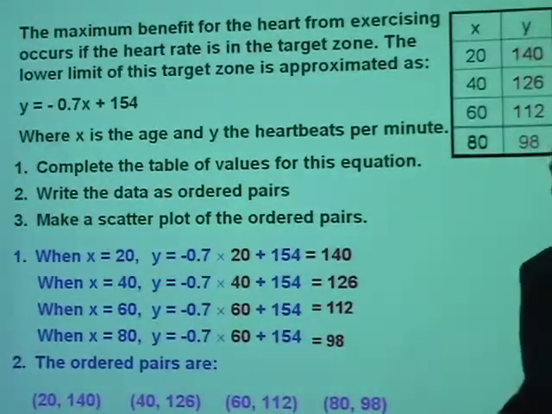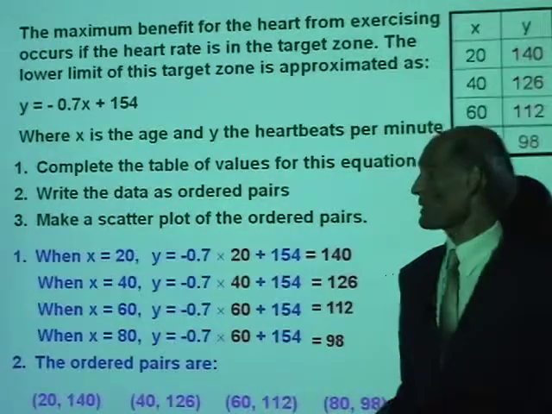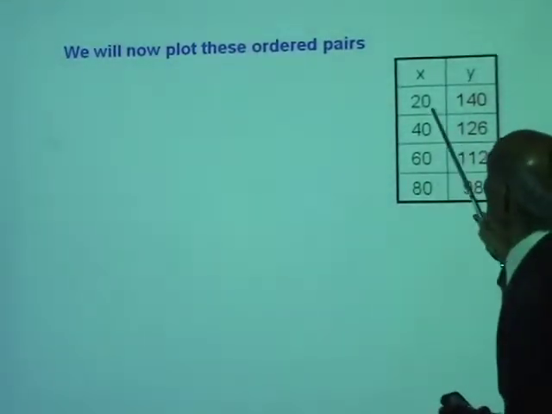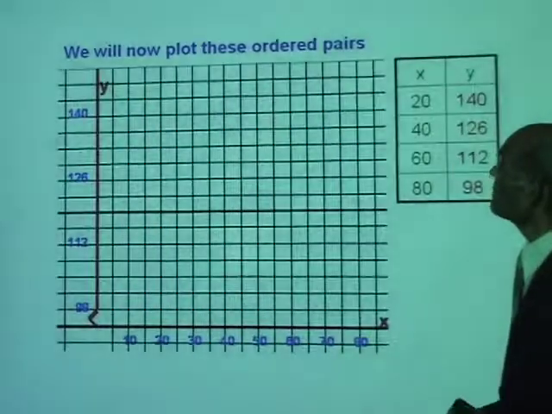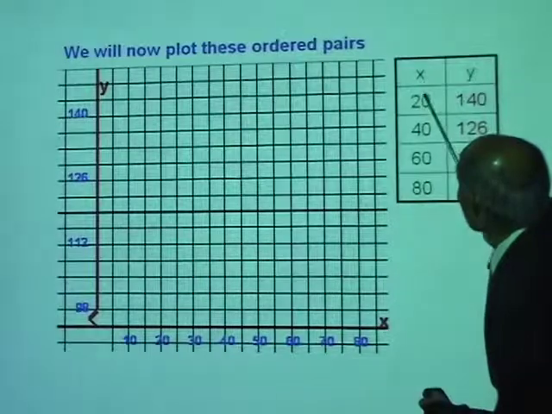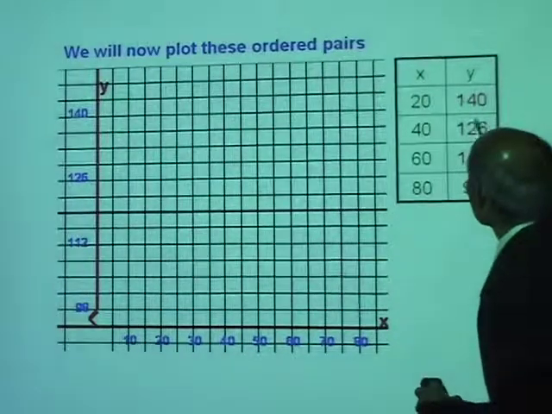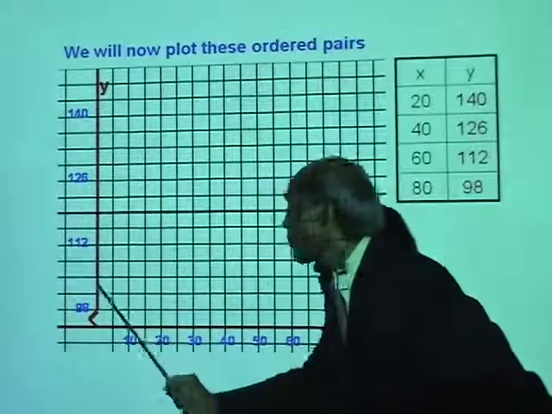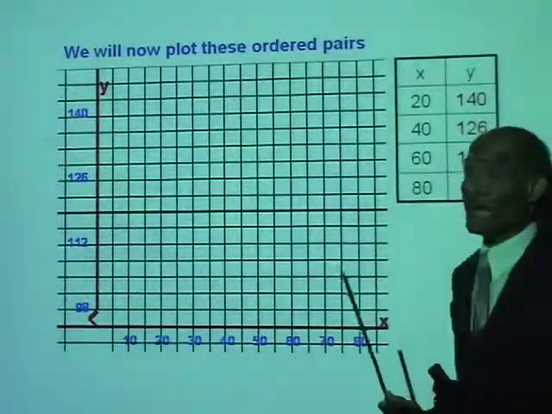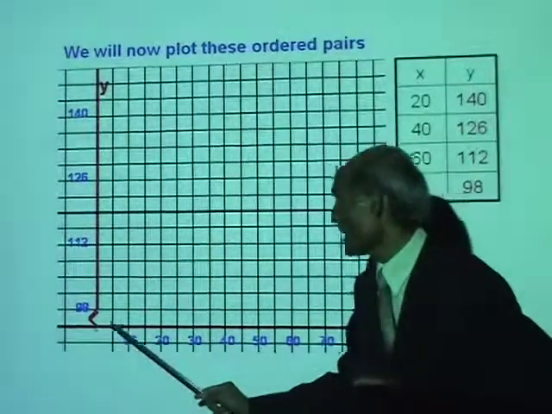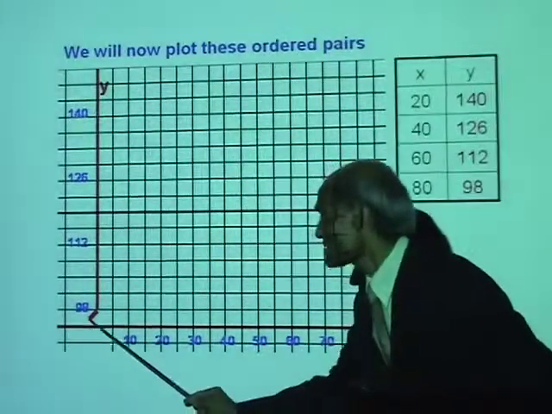Make a scatter plot. Draw a picture. Right? Alright. For that, let's carry our ordered pairs. And to do a graph, because I have only positive values of x and positive values of y, I have taken the first quadrant, and in place of just numbers 1, 2, 3 up to 10, look at the way I have put my x values.